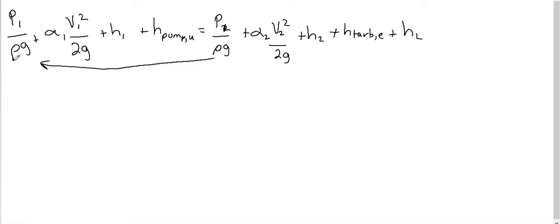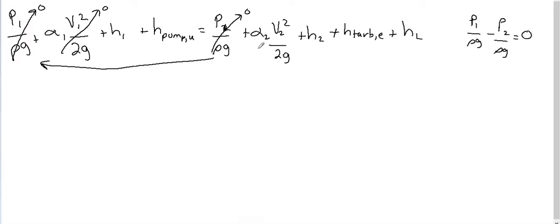That's simply because we have P1 over rho g minus, brought over to the other side, P2 over rho g, and these pressures are the same, so that equals 0. So those aren't included. Now, we also noted that the velocities are equal to 0 as well, since the water level really isn't changing. So these two terms go to 0 too, and you'll find this is common in many questions where you apply the energy equation.